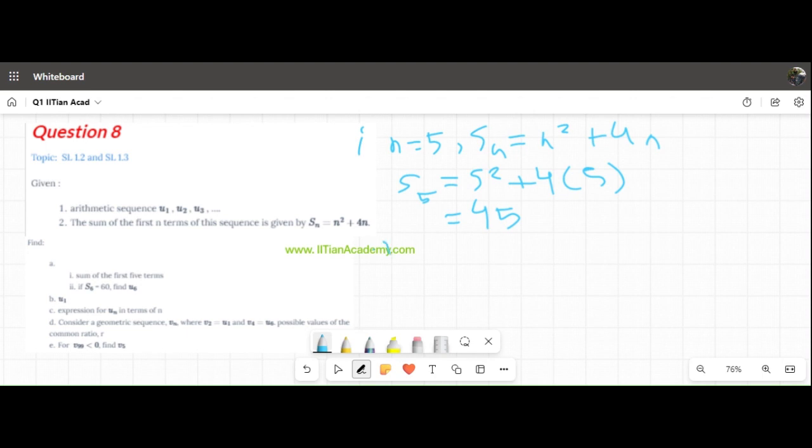Then for part II, part 2 of this question, we are asked to find U6 in our arithmetic sequence.